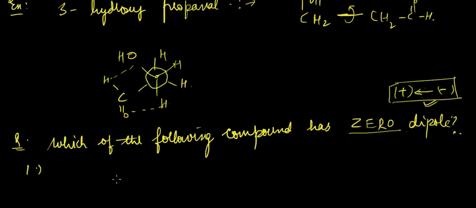Okay, so let us consider this example. In this we have OH here and OH here. So this is an example in which oxygen atoms are 180 degrees or oppositely attached to each other, so it will have zero dipole moment, hence this is the correct option.